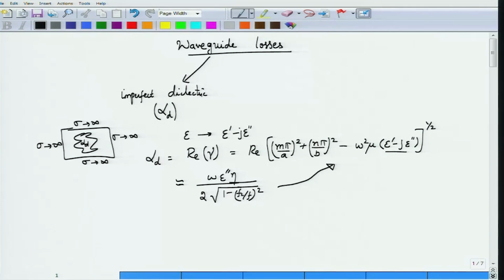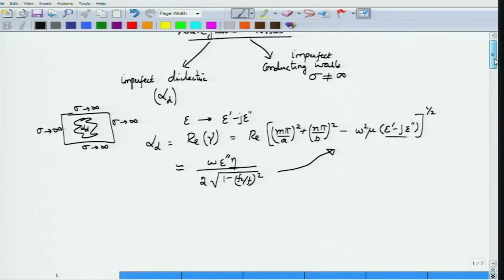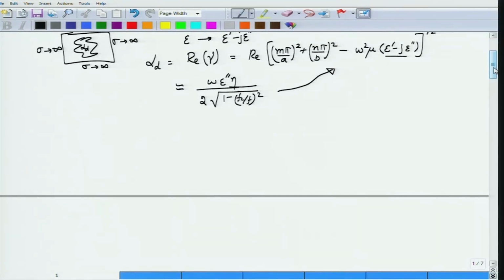But where we get into difficulty is when we try to find the losses because of the conducting walls. The conducting walls make up the waveguide wall, but if we assume that sigma is not equal to infinity, in other words we have imperfect conducting walls, then we are in big trouble, because your boundary conditions must be changed.